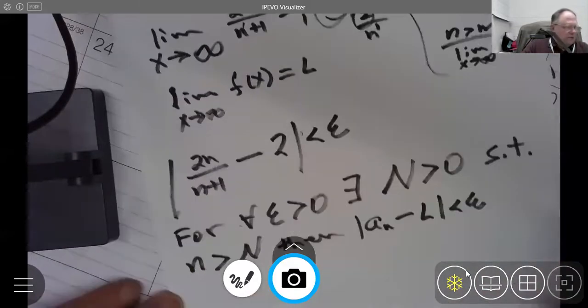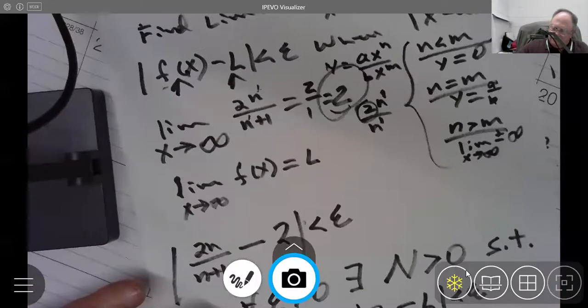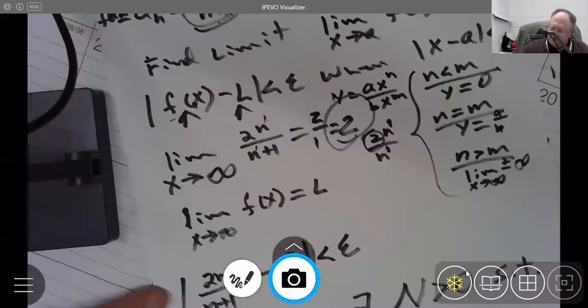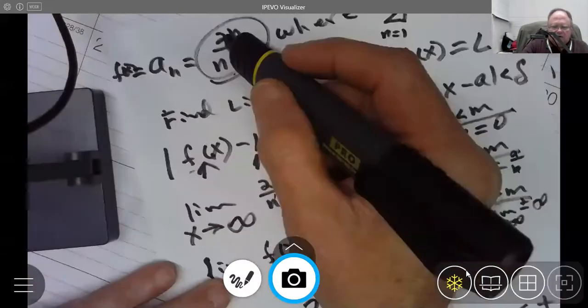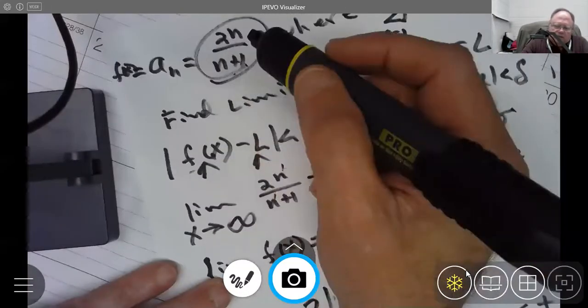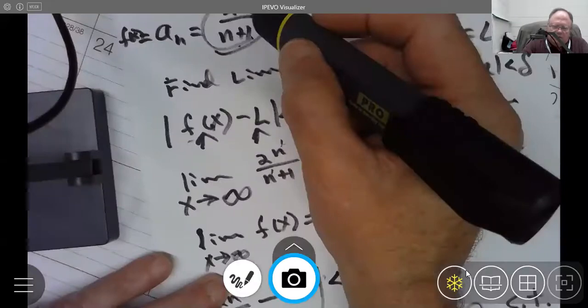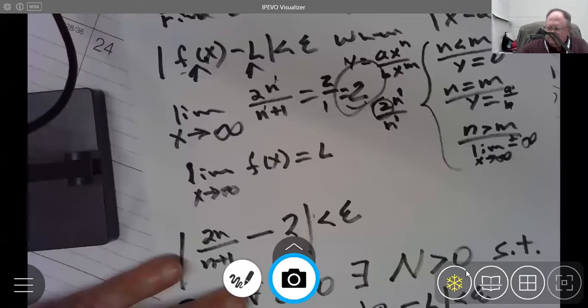So what does that mean? Here we have our interval. We have a first number, a second number, and a third number. I'm graphing roughly what a sub n would be. At 1, this would be 1. At 2, this would be 2 times 2, which is 4 over 3, slightly larger than 1.